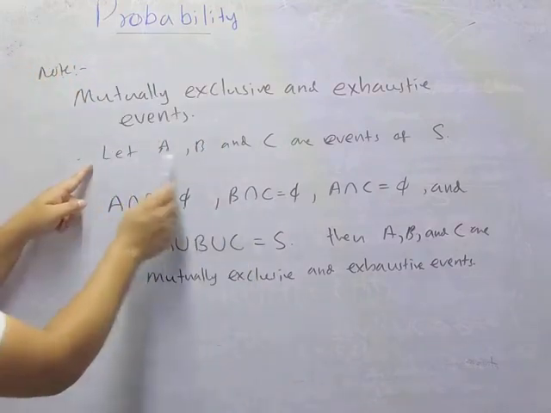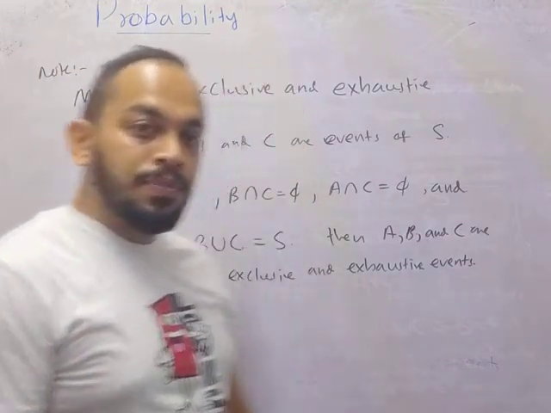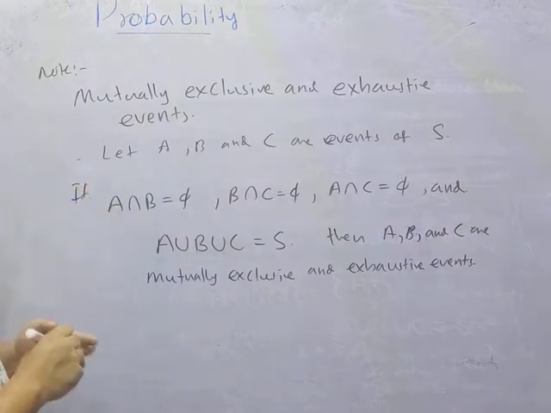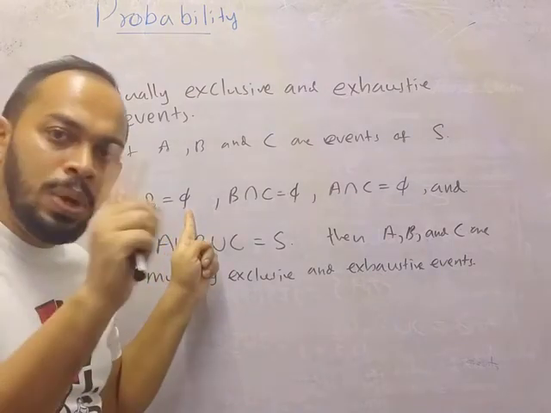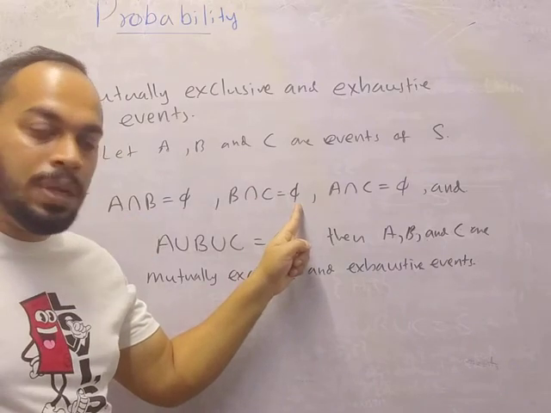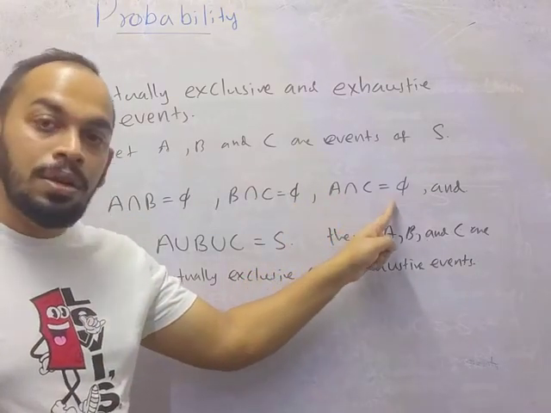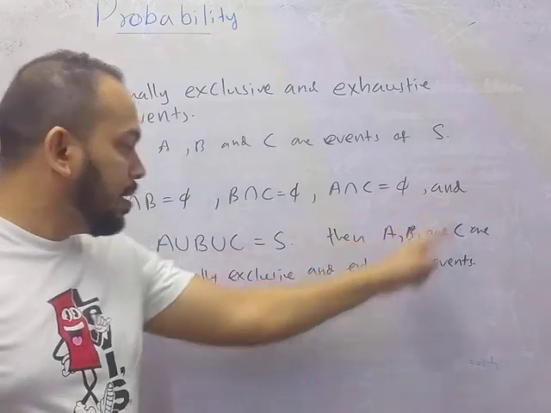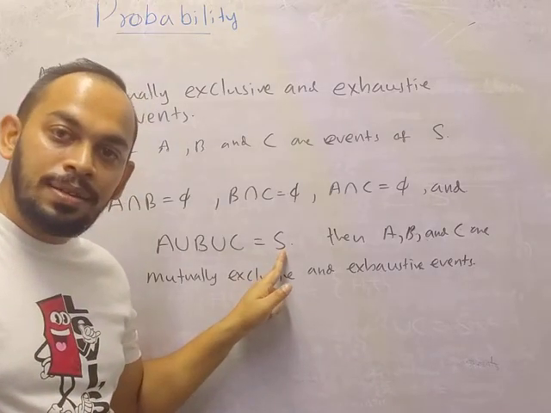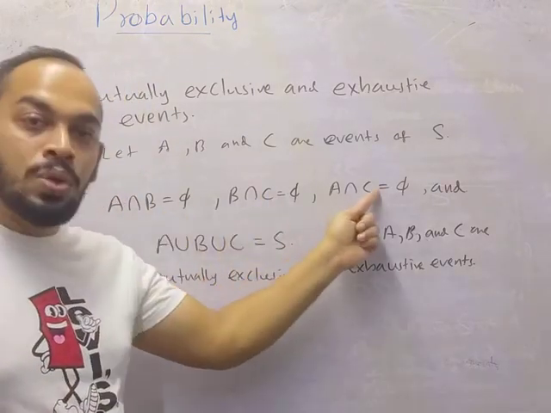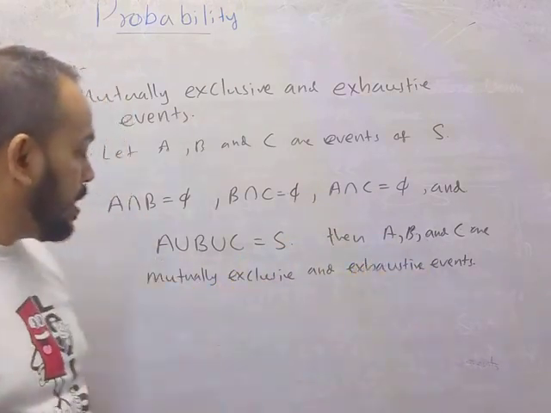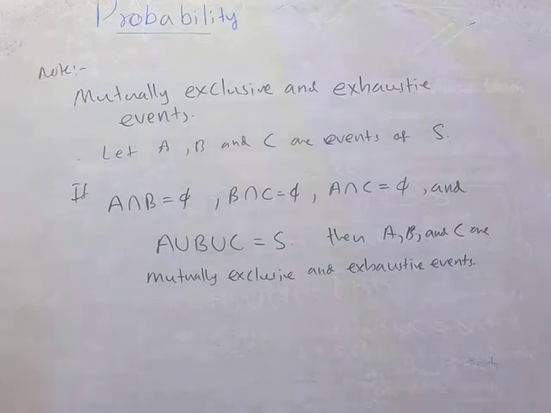Suppose A, B and C are events of S. If A intersection B is null, that means no interaction between A and B. B intersection C is null, no interaction between B and C. A intersection C is null, no interaction between A and C. And A union B union C represents the sample space. The first means mutual exclusiveness, and this means exhaustiveness. So A, B and C are mutually exclusive and exhaustive events.